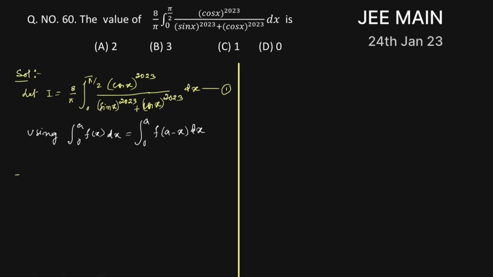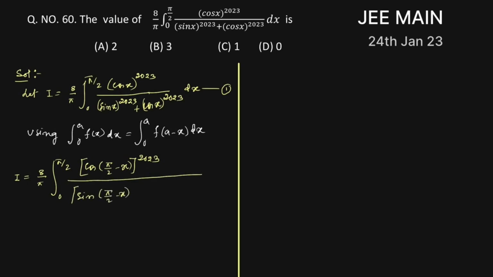So equation number 1 we are able to write as 8 by pi integration of 0 to pi by 2, (cos of (pi by 2 minus x)) to power 2023 divided by ((sin of (pi by 2 minus x)) to power 2023 plus (cos of (pi by 2 minus x)) to power 2023) whole dx.